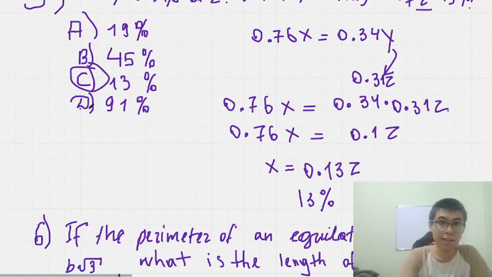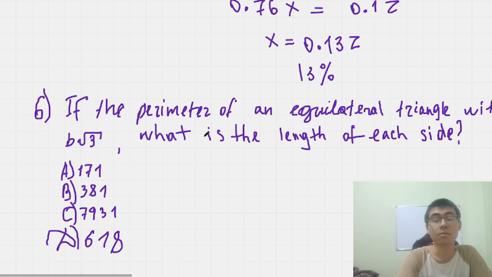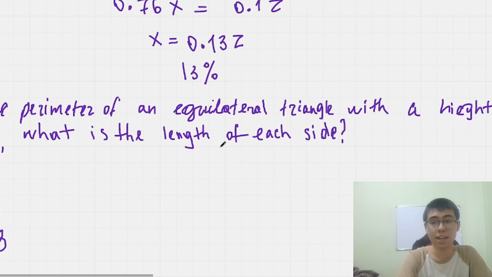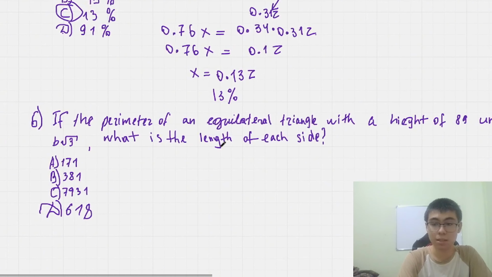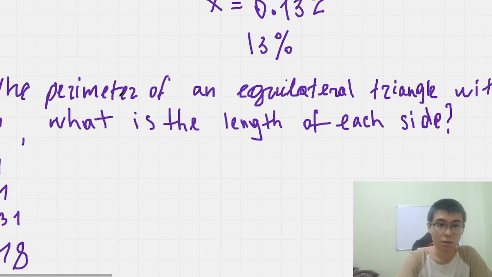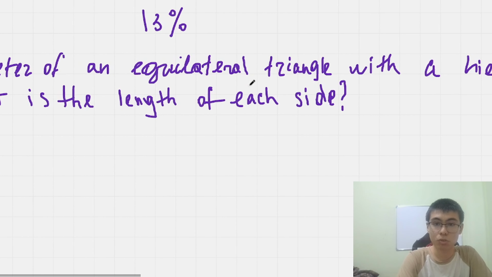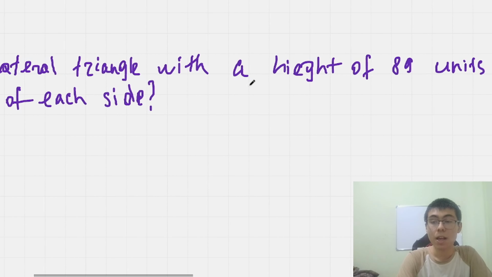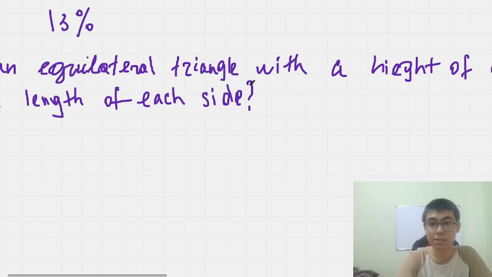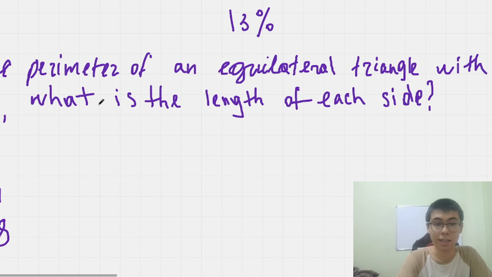So the last and most important problem you have to understand how to solve is this one. If the perimeter of an equilateral triangle with a height of 89 units is b times the square root of 3, what's the length of each side?